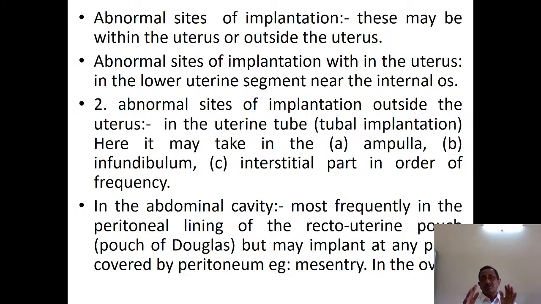By chance, if the zona pellucida has not disappeared completely, what happens? It will pass through the body of the uterus and get implanted at the cervix of the uterus. So this is an abnormal site.